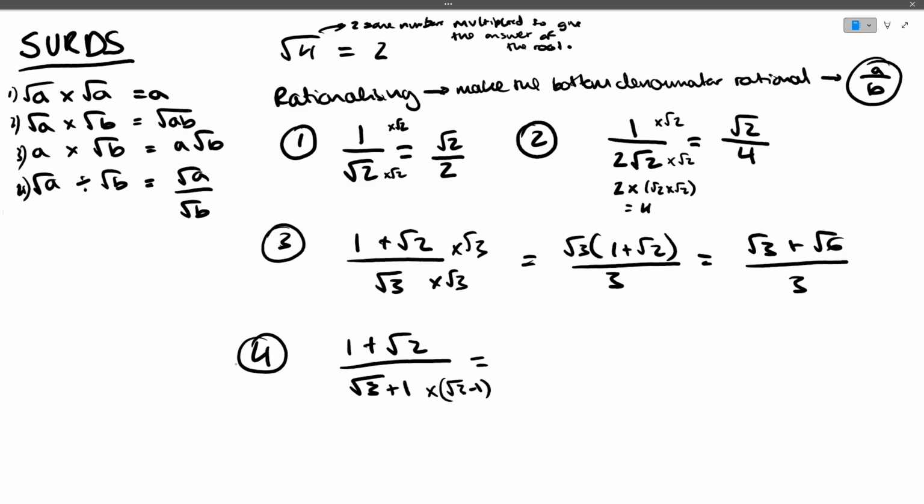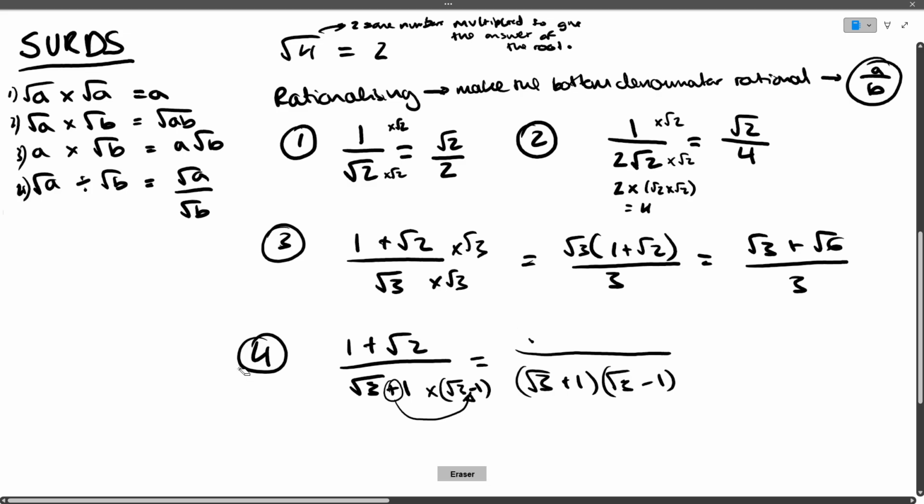We just times this by the opposite. You see this? We just switch this with that, so we get an integer. We get like a normal number at the bottom. So root 3 plus 1 over root 3 minus 1. And whatever we do to the bottom, we do also to the top.